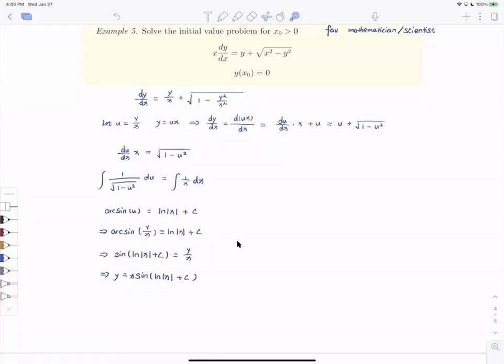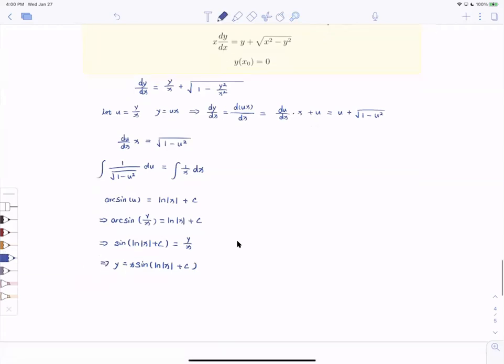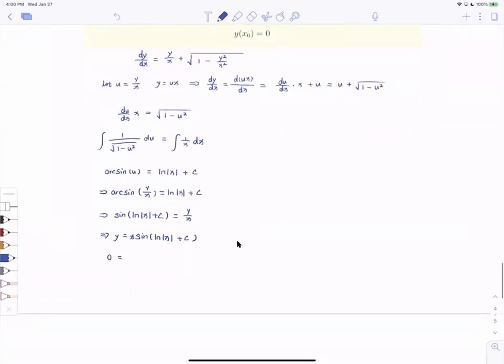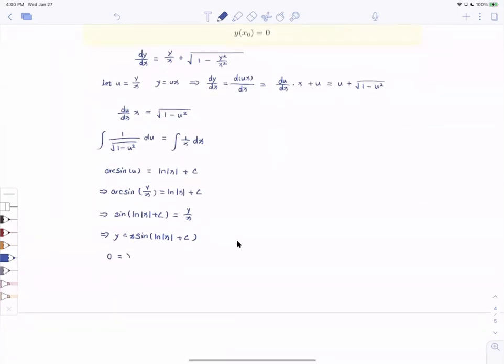The reason I do that is because I'm given an initial value, so I need to calculate my constant. So that means 0 equals x naught times sine of log x0 plus c.